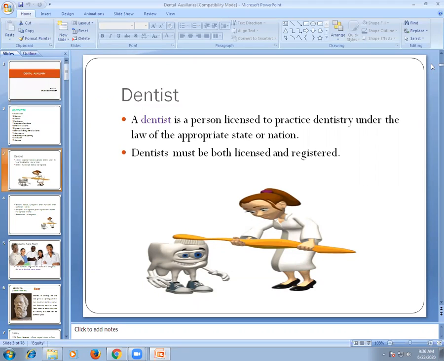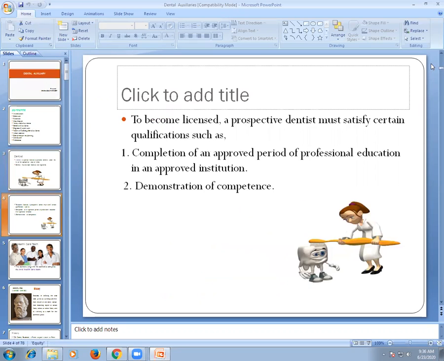A dentist must be both licensed and registered. To become licensed, a prospective dentist must satisfy certain qualifications.